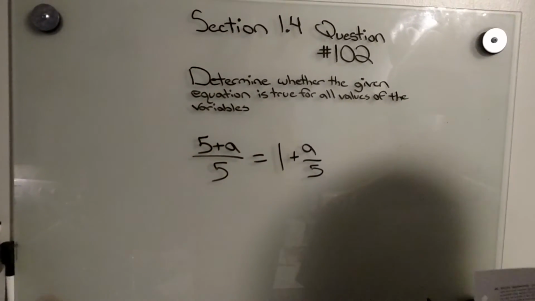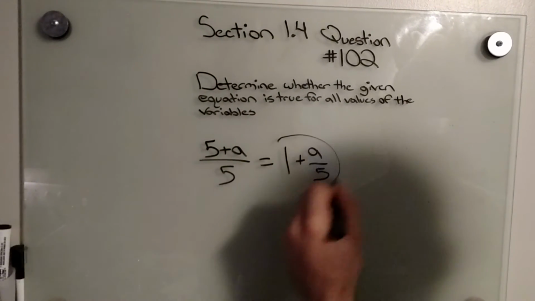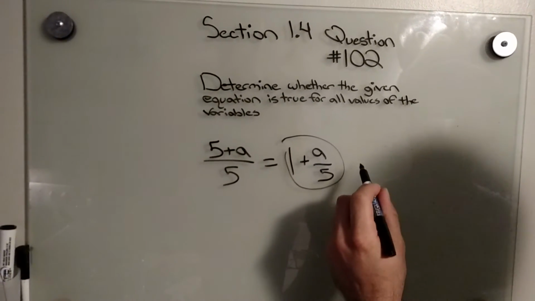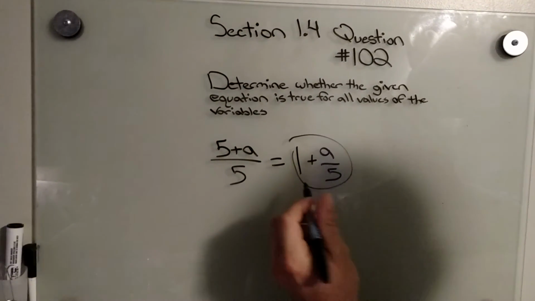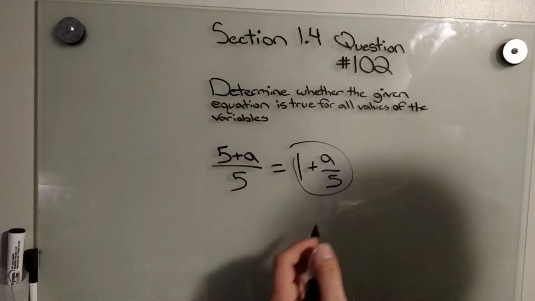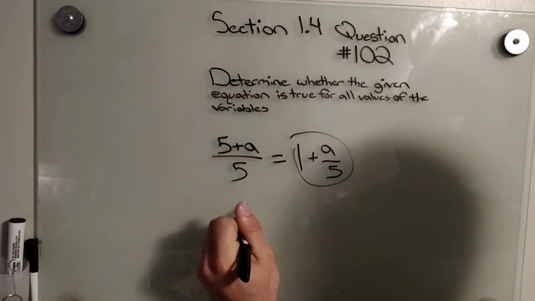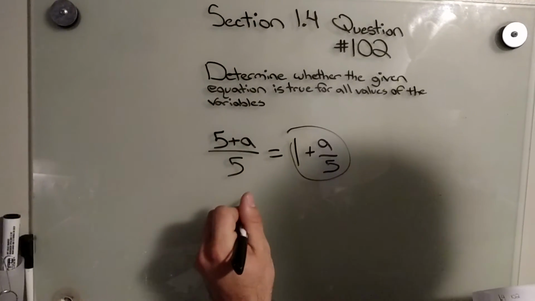And to find if these are equal, we first have to resolve our whole number plus a fraction. To do that, we would need to find the least common multiple, which in this case would be 5.